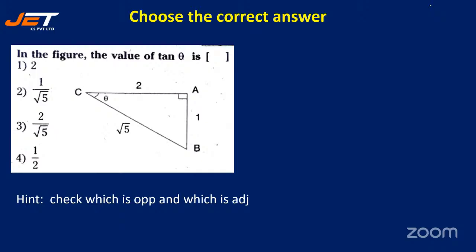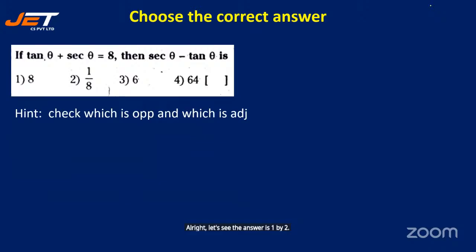Just giving you 1 full minute, students, quickly find it out. All right, let's see the answer. It is 1 by 2. Okay, right. So with this, we'll finish up.